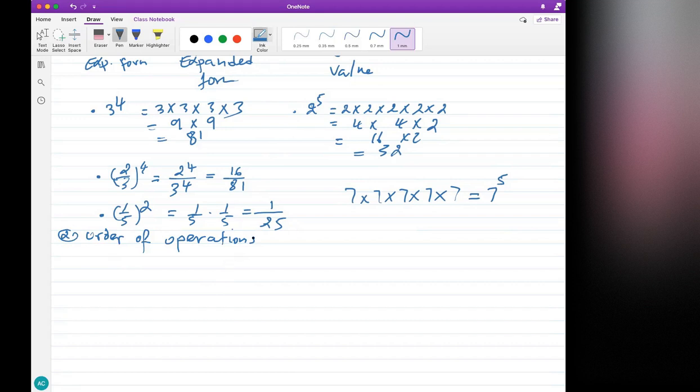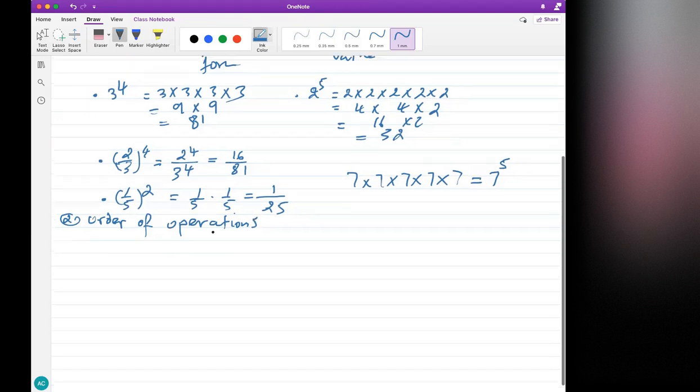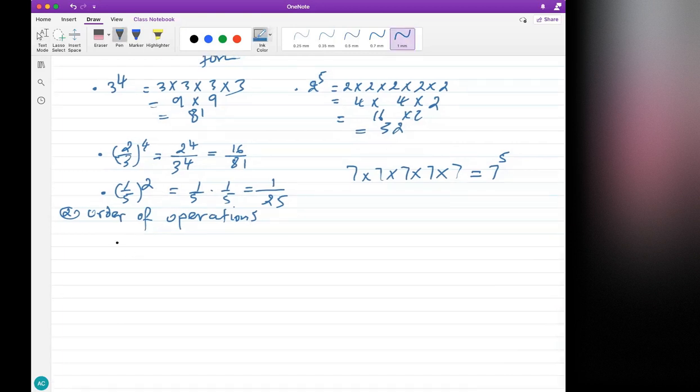That's one of the operations. So basically, when we have multiple of those in one expression, we need to know how to solve them and in which order. For example, if we have 3 plus 2 times 4, this has to be done in a specific order.